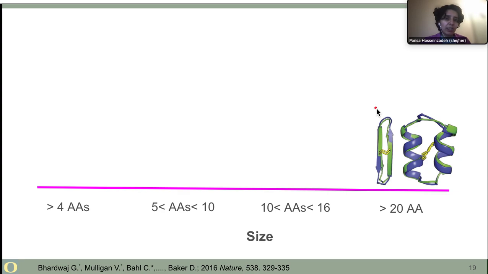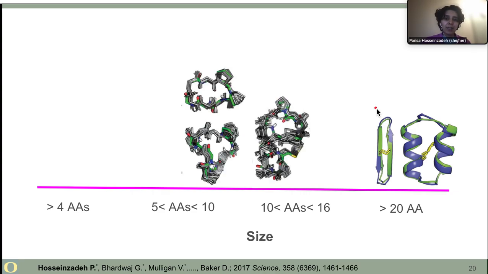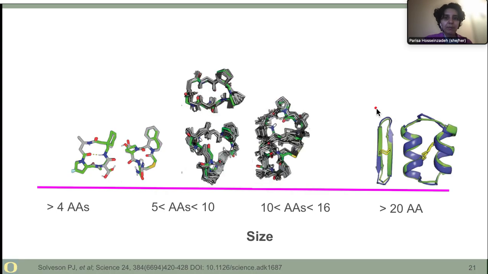Bhardwaj et al. in 2016 actually designed cyclic peptides. The peptides have to have a disulfide bond, and also it's L only. Then I designed cyclic peptides that are heterochiral from 7 to 14 amino acids.